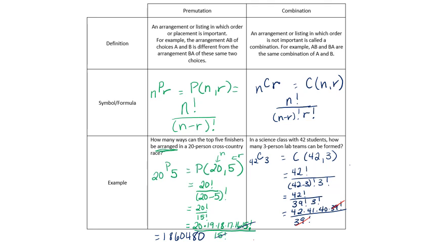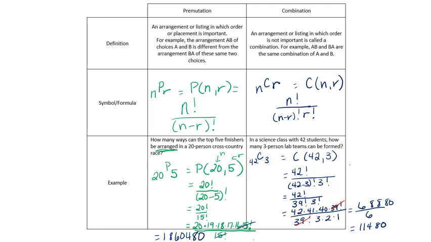But I still have this 3 times 2 times 1 to deal with. So I get 60,880 when I multiply 42 times 41 times 40, over 6, which is 3 times 2 times 1, which gives me 11,480 different 3-person lab teams. All right?